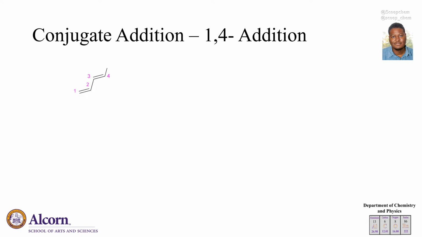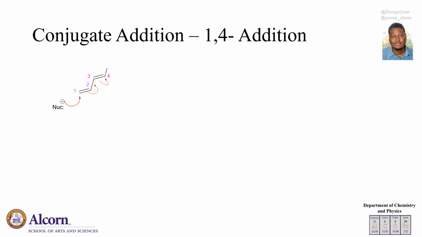Now let's see what happens if a nucleophile undergoes a conjugate addition to this system. I'm going to attack carbon 1, and the electrons in the pi bond between 1 and 2 will move between atoms 2 and 3, and the pi bond between carbons 3 and 4 will leave a lone pair on carbon 4.